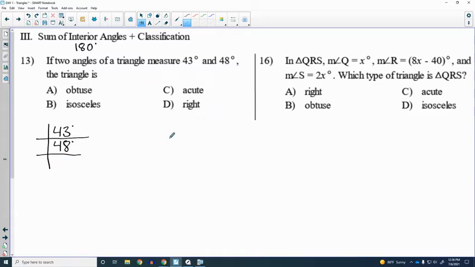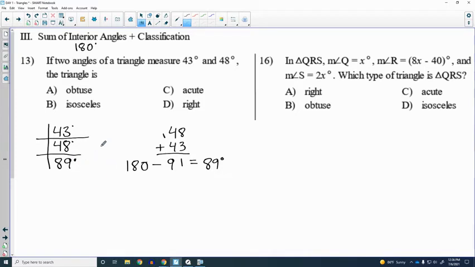So quite simply, I'm going to take 48 and 43, and I'm going to add them together, and that gives me 91. And then I'm going to subtract that 91 from 180, which is going to give me 89 degrees as my last angle.